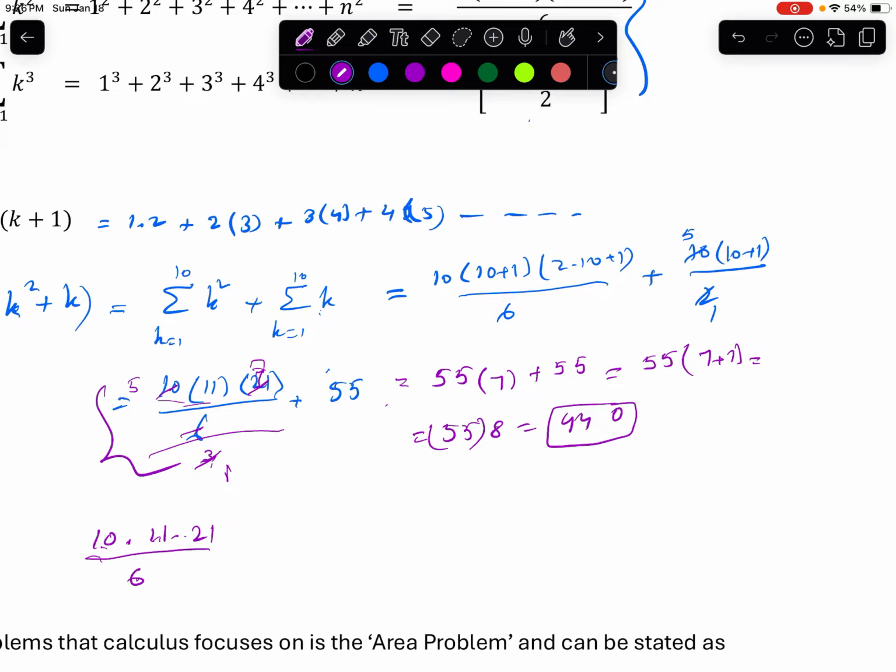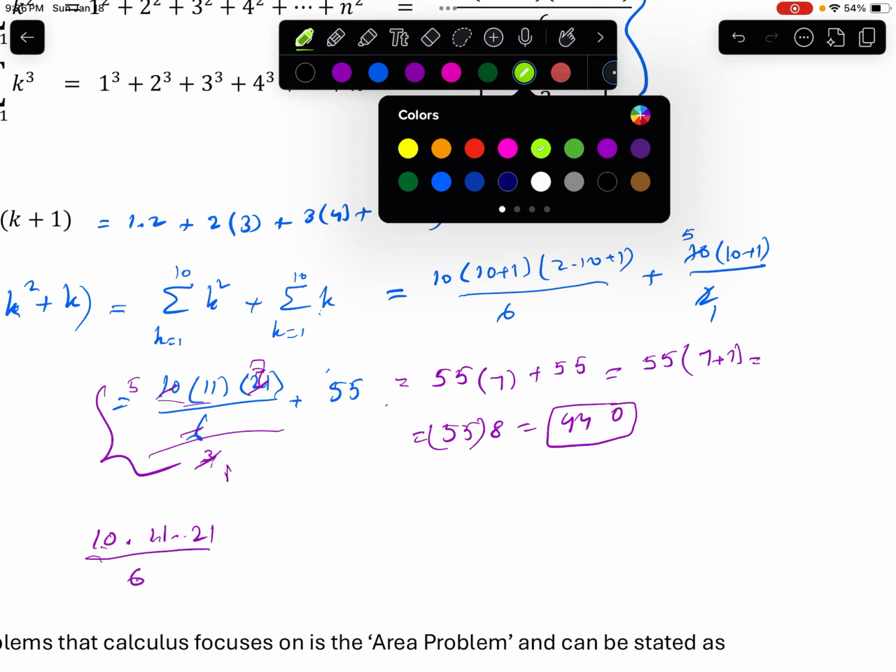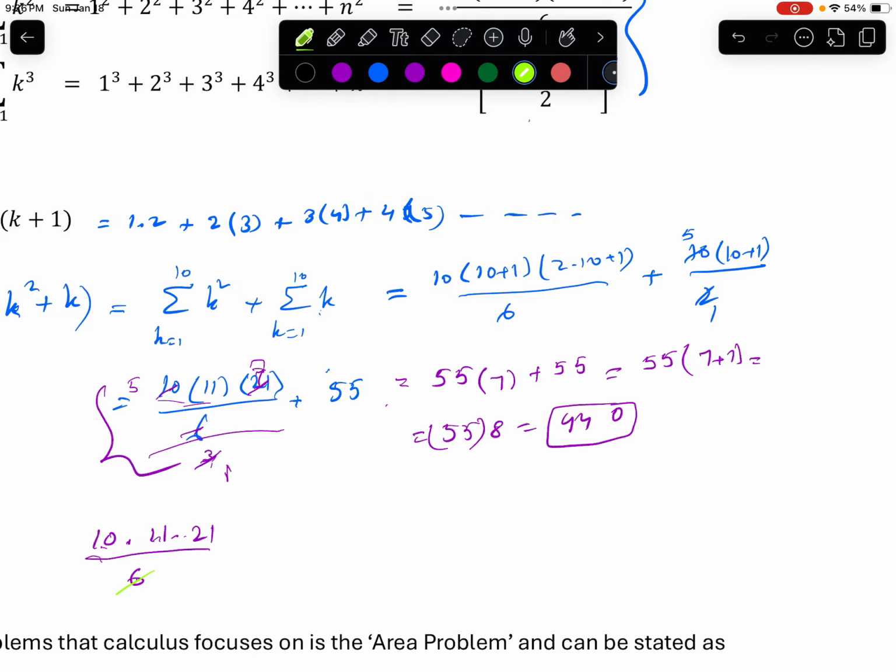So what I will do is cancel out the 6. What am I going to divide it with? Because I just said even on the top, even at the bottom. So what can we divide by an even number? By 2, always. So let's divide by 2. When I divide 6 by 2, I get 3. When I divide 10 by 2, I get 5.